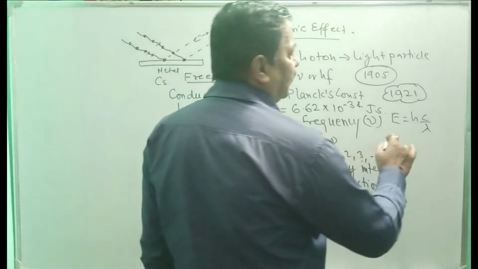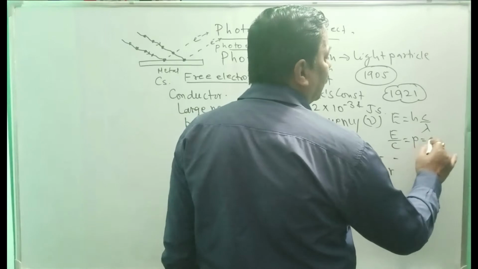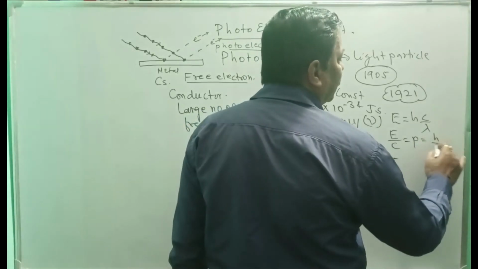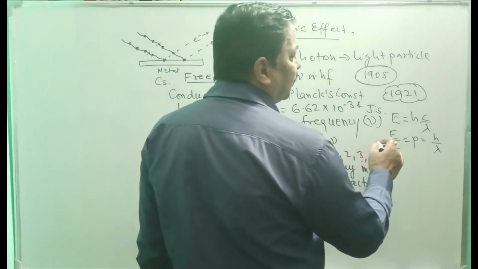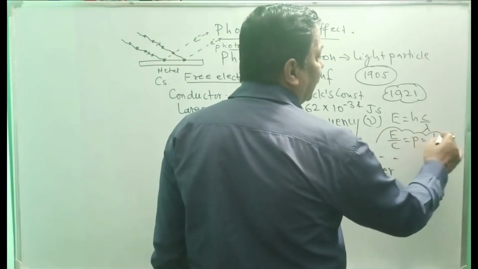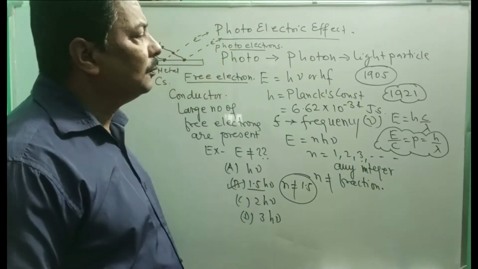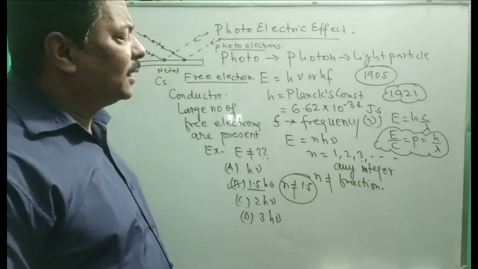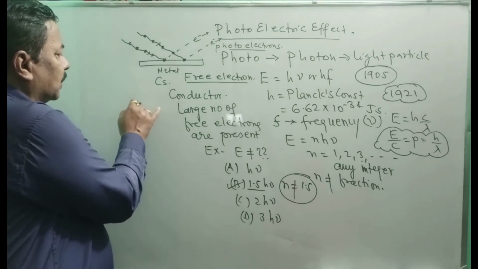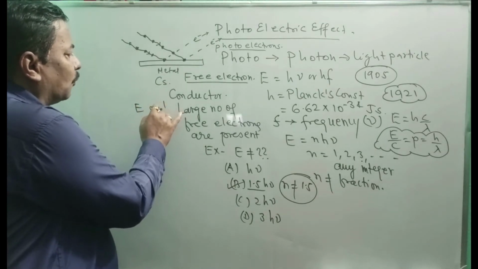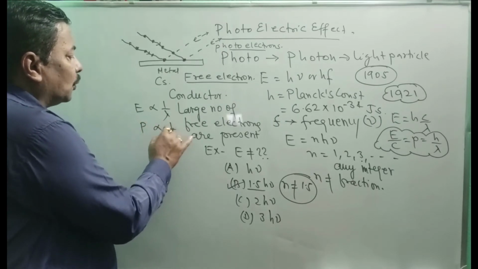Now E/c gives the momentum of the photon, that is h/lambda. So remember that the momentum of a photon is given by h/lambda. A very important result follows: E is proportional to 1/lambda and P is proportional to 1/lambda.